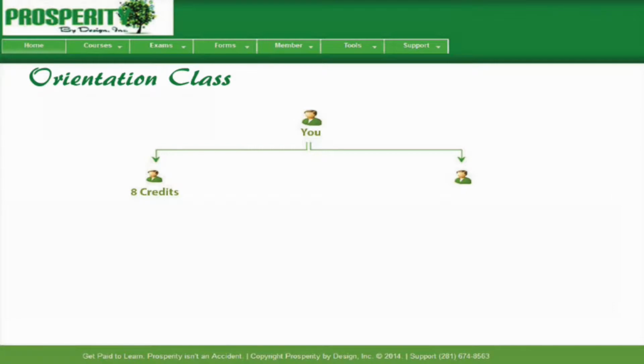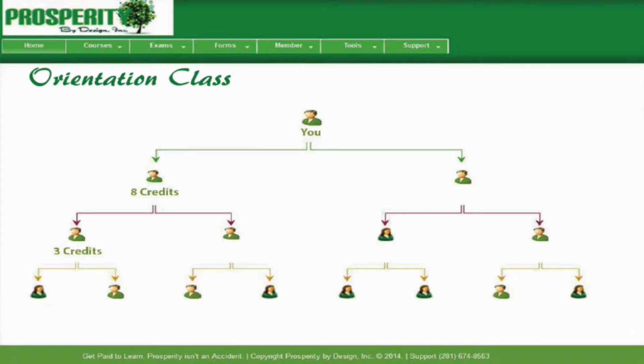And then the same thing works for them. There are 2 rows of students behind them. As those students walk through the door, you get 3 education credits times 4, which is 12. And finally, in orientation class, down at the bottom here, you have some more students coming in.